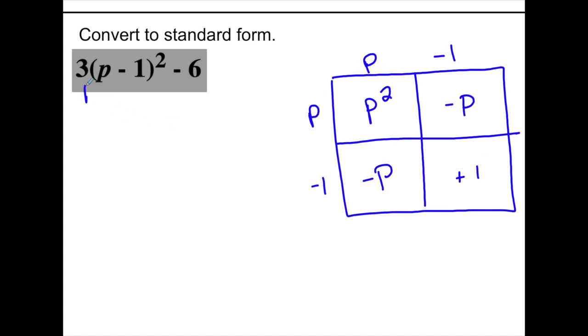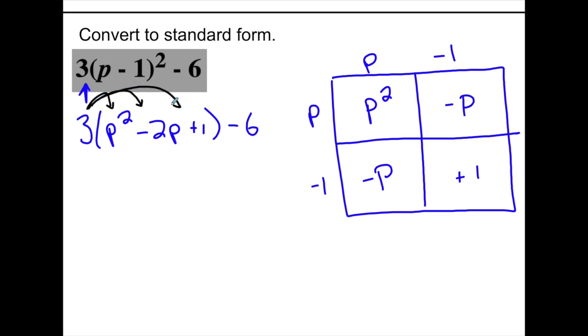In this case, because a is not 1, I'll drop my a value in there. P squared minus 2p plus 1. The next thing I want to be doing here, given this 3, is distributing there.